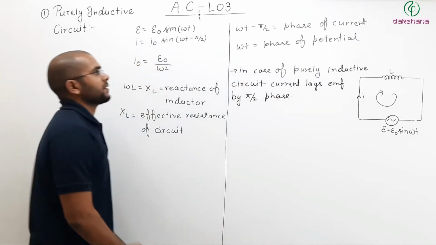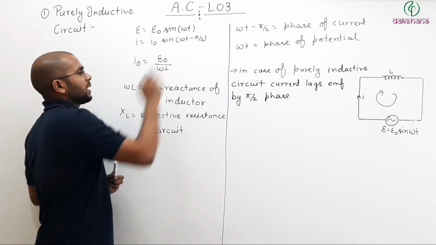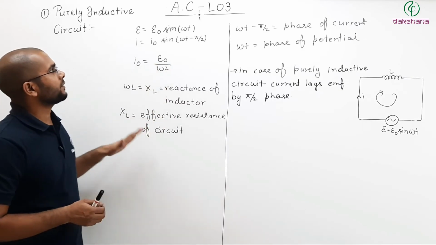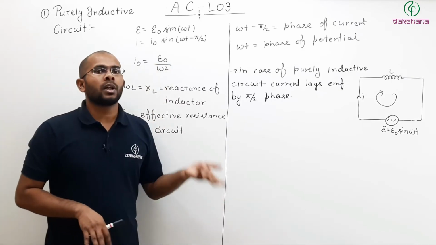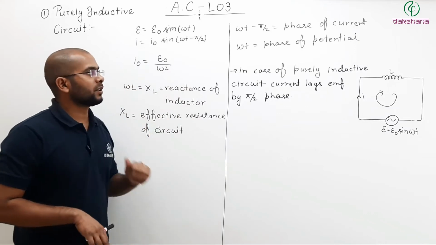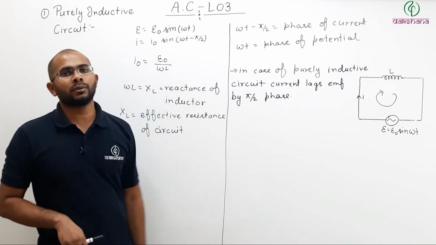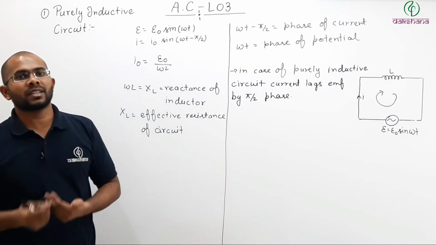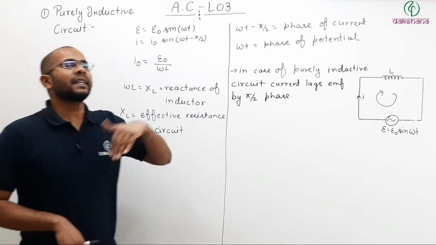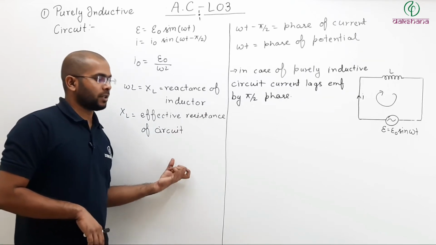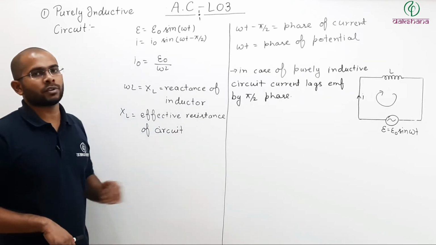The phase of current, omega t minus pi by 2, is the phase, as you must have studied in waves. So the phase of current is pi by 2 less than the phase of your EMF, so current lags EMF by pi by 2 phase. In case of a purely capacitive circuit, current leads EMF by pi by 2 phase. So that way you can write. Pause the video, write them down, then we will solve a question.